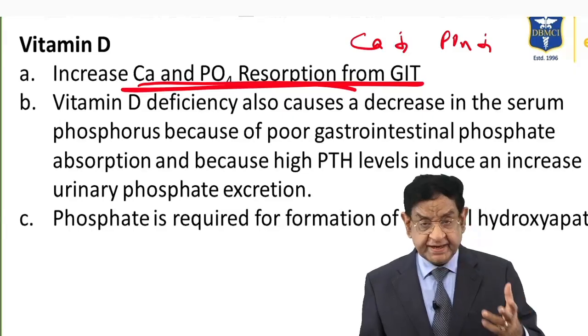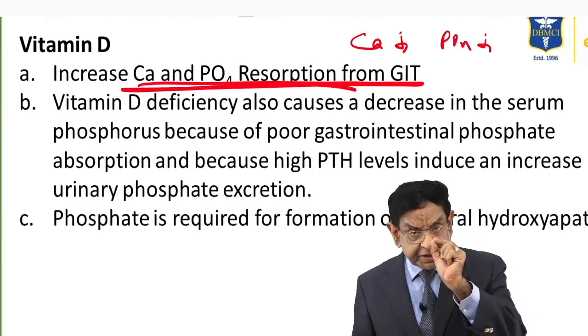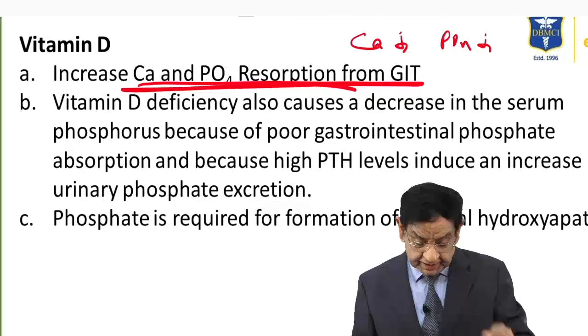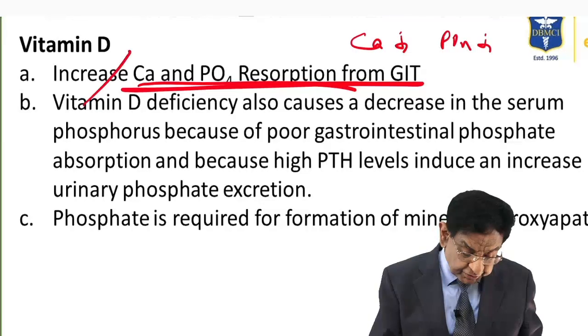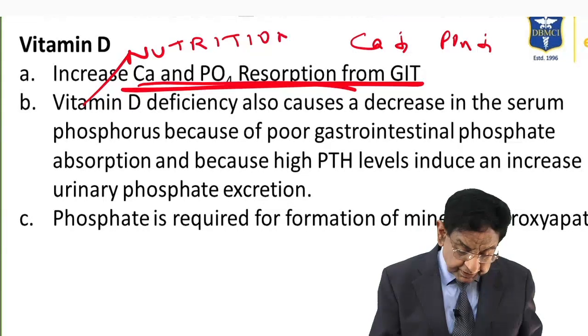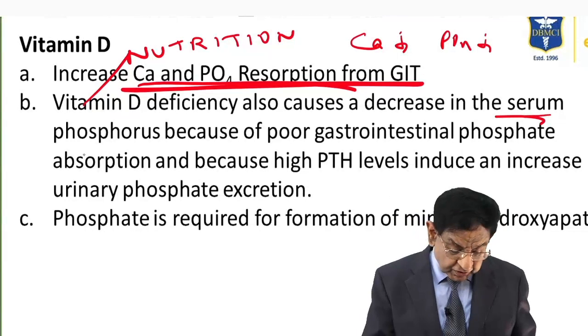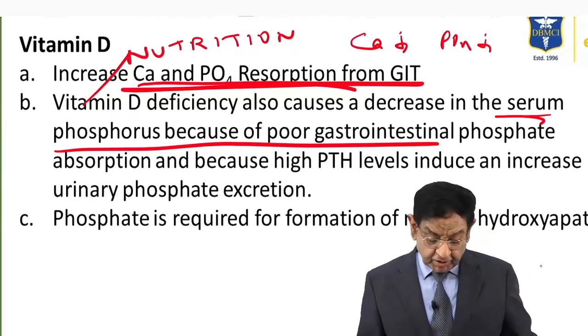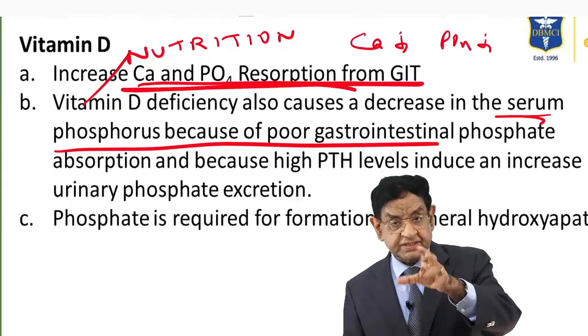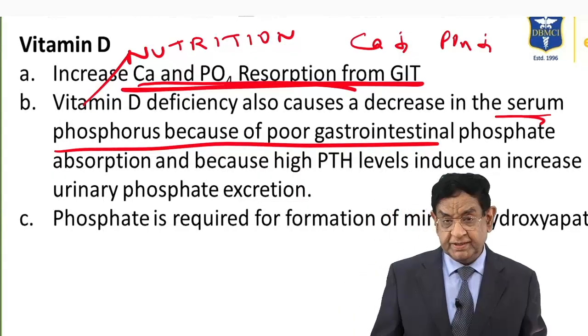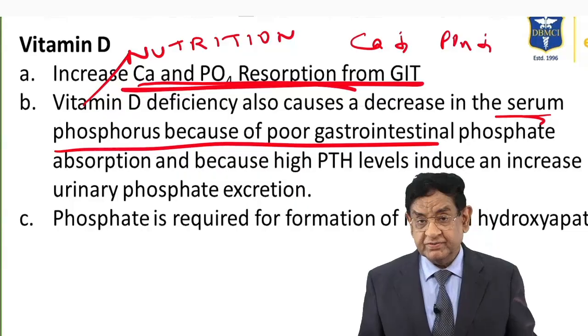Vitamin D deficiency, especially the nutritional variety, is a point to be noted. Vitamin D deficiency due to nutritional deficiency causes a decrease in serum phosphate also, because the GIT is not absorbing phosphate.